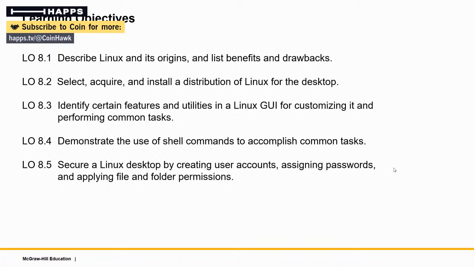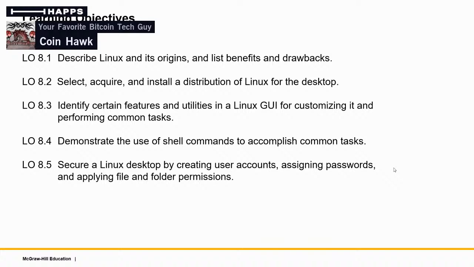Right. All right, so we're taking a look at describing Linux and its origins, listing the benefits and drawbacks, and acquiring and installing a distribution of Linux for the desktop. Now that one we'll already have a Linux install waiting for us.